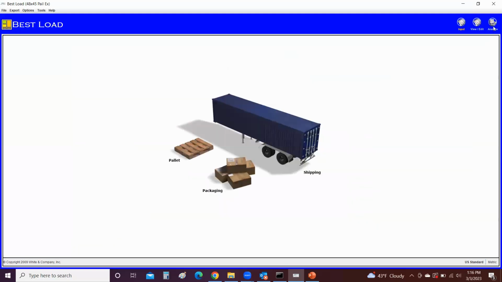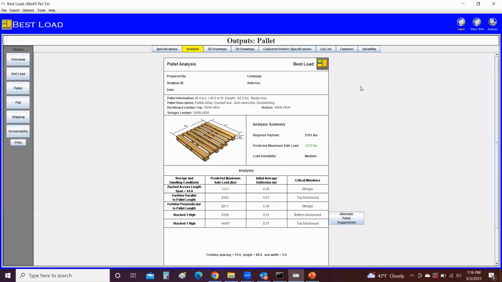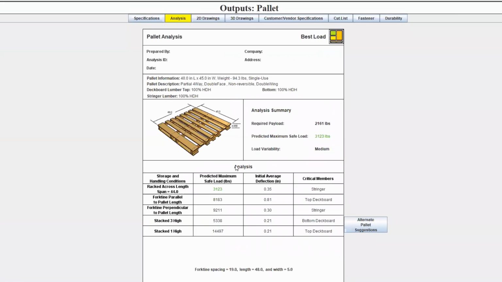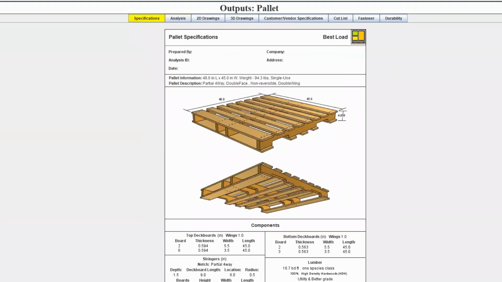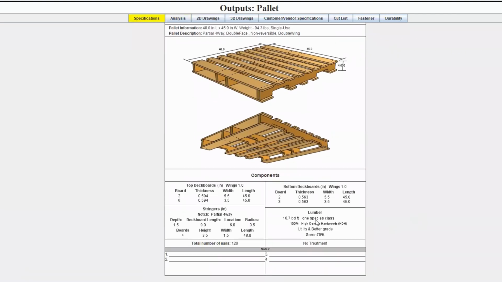If we then proceed back to the pallet performance, we understand that we have increased the performance in all storage and handling conditions, as well as maintained the total board footage.